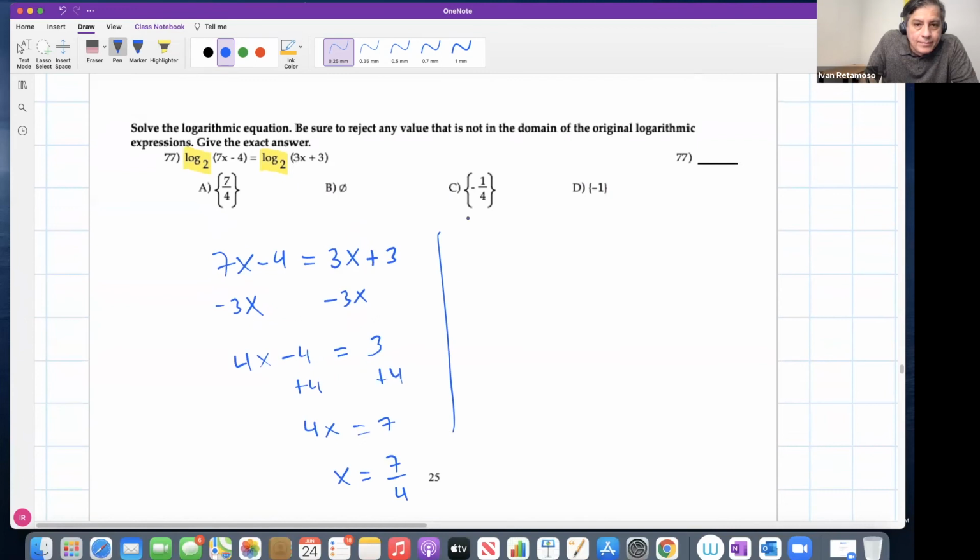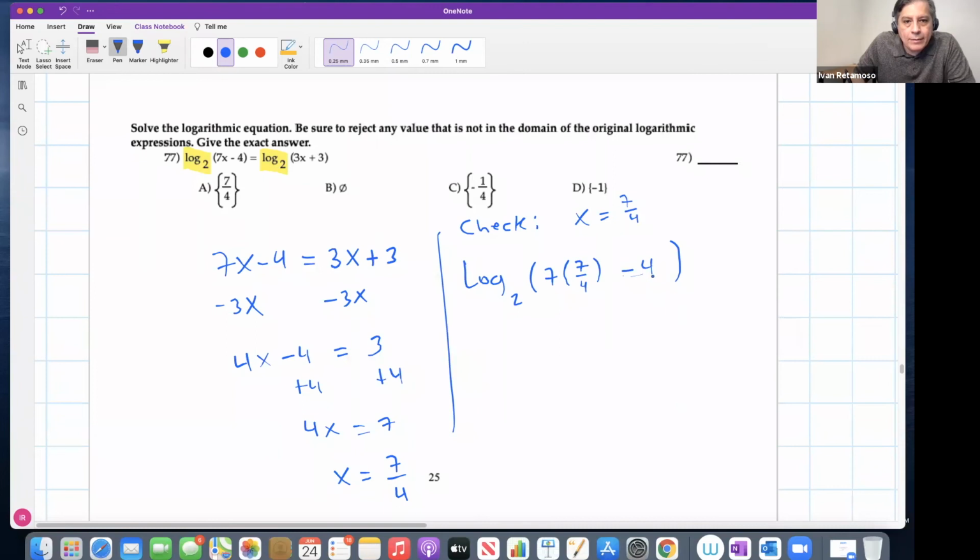Always check, but remember I gave you a shortcut. When you check, you don't have to go all the way till the end. It is enough just to make sure that when you are checking your answer, the arguments must be positive numbers. So 7 over 4: is this equal to log base 2 of 3 times 7 over 4 plus 3?